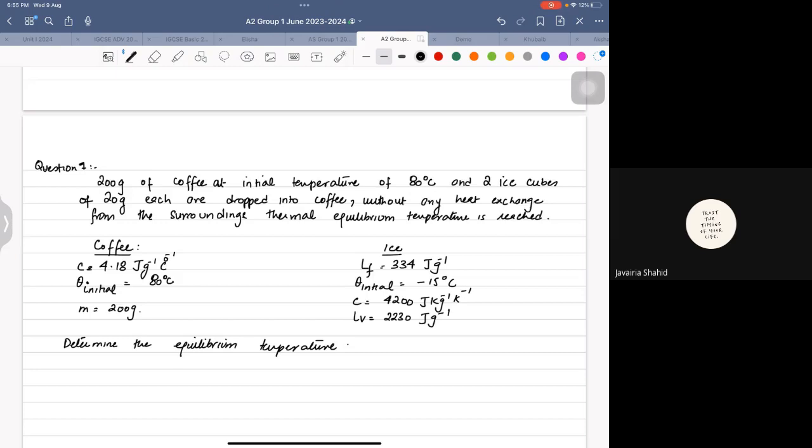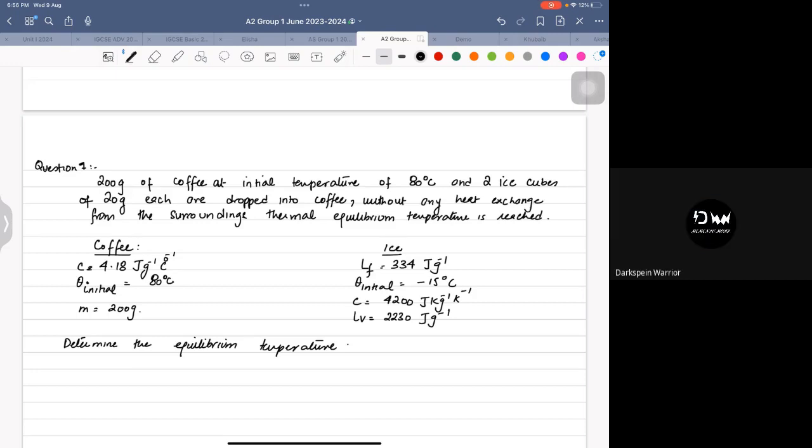So coffee will be cooled, ice will be melted, and they will reach a certain temperature together. We need to find that temperature. Is it clear? Think about it. And there's no exchange from the surroundings, which means whatever heat is exchanged is basically gone from either ice to coffee or coffee to ice. There's no other third party in this.